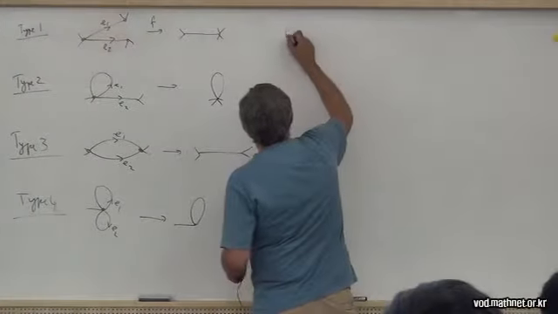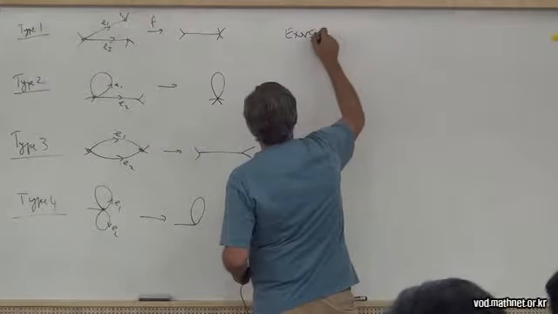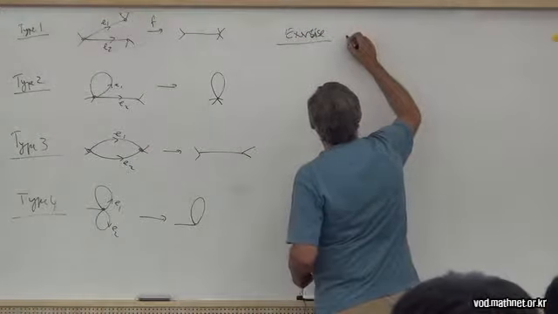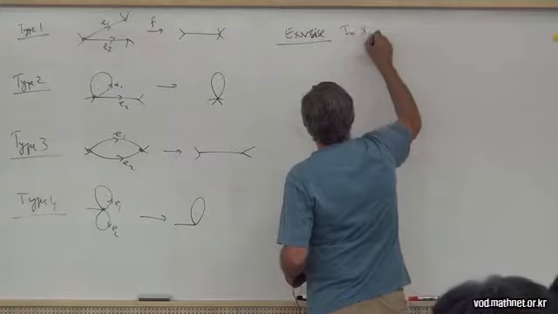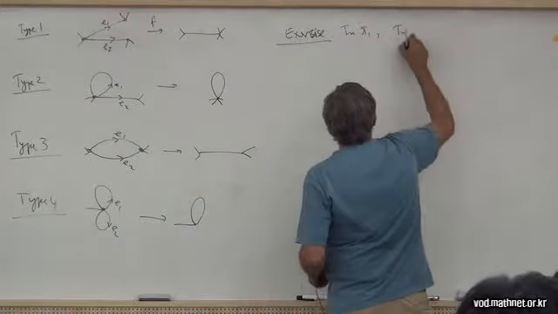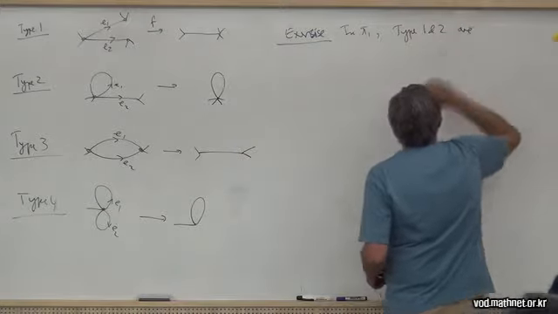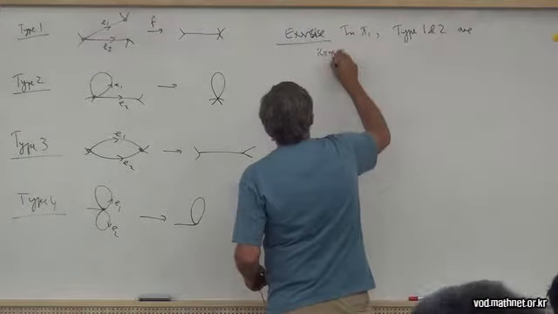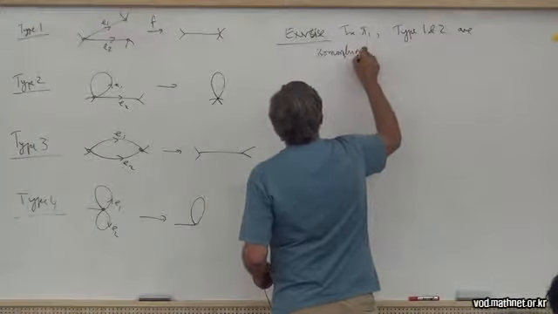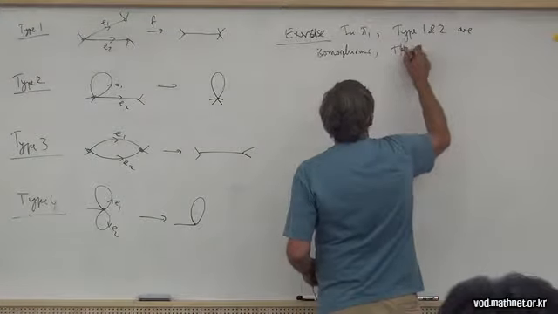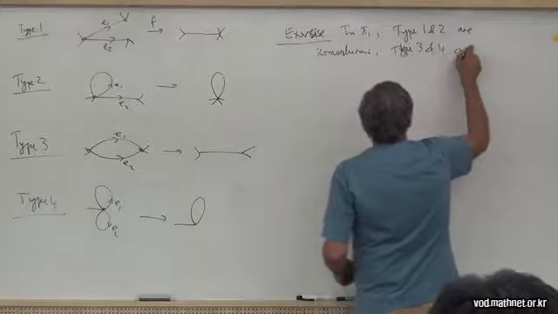Okay, so exercise. In pi 1, type 1 and 2 are isomorphisms. And type 3 and 4 are epimorphisms.